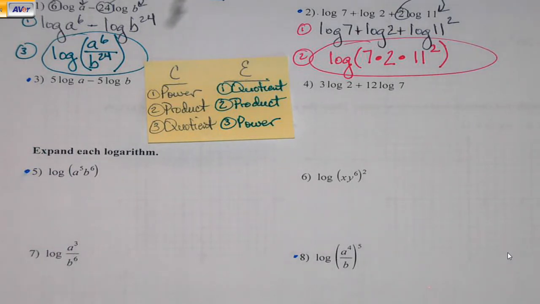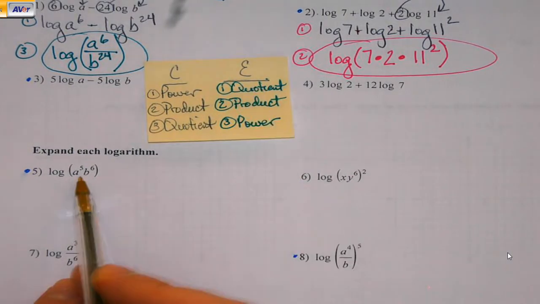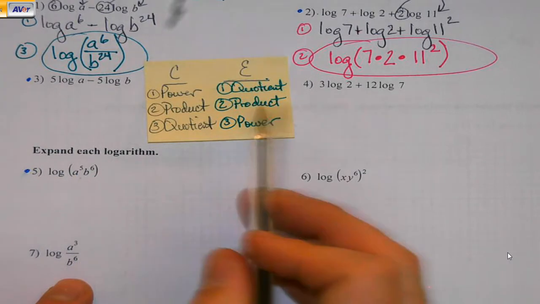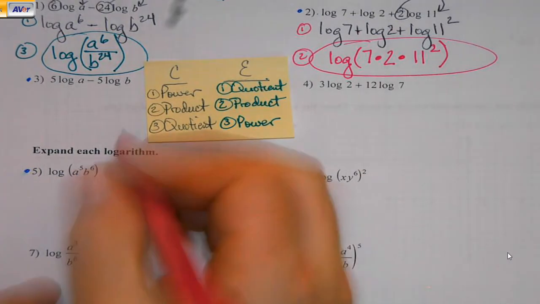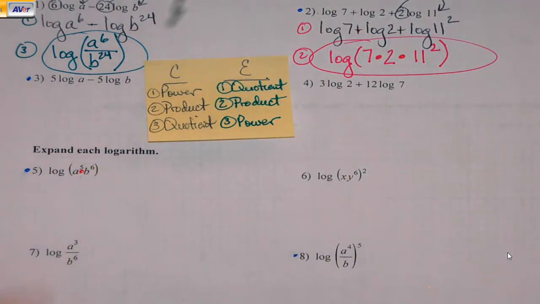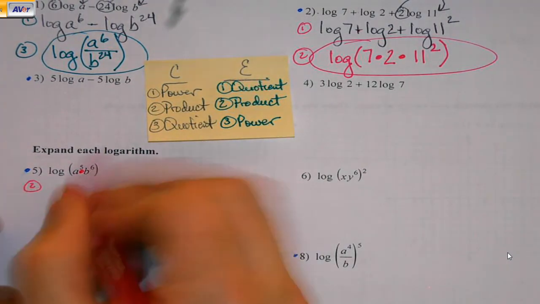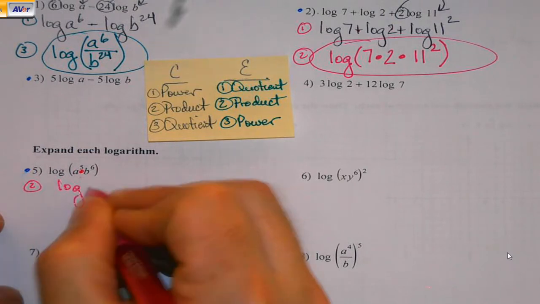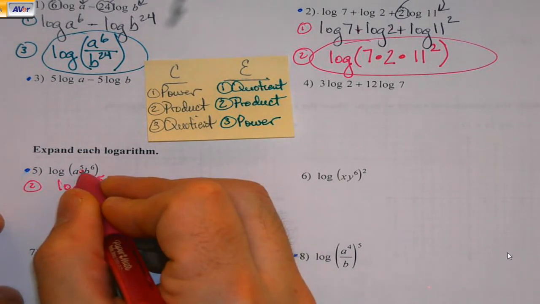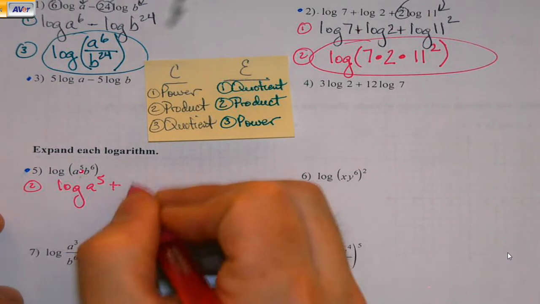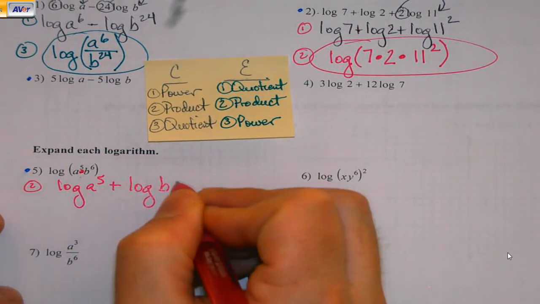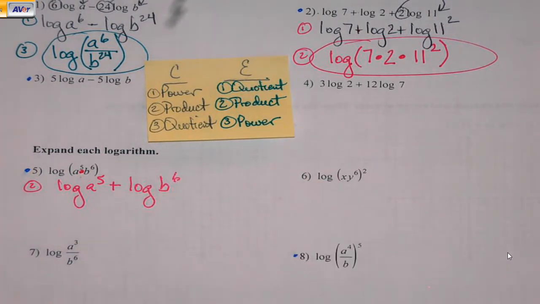So when I get to a problem like number 5, I look first: do I have any division? No. Do I have any multiplication? Yeah. This is a to the 5th times b to the 6th. So here, I'd have log a to the 5th. When I get to the multiplication dot, it becomes plus. And when I'm expanding, every single part is going to get a log.